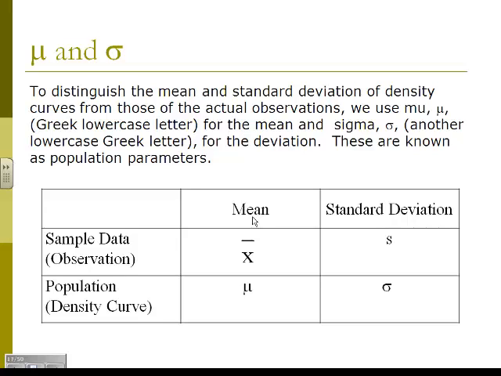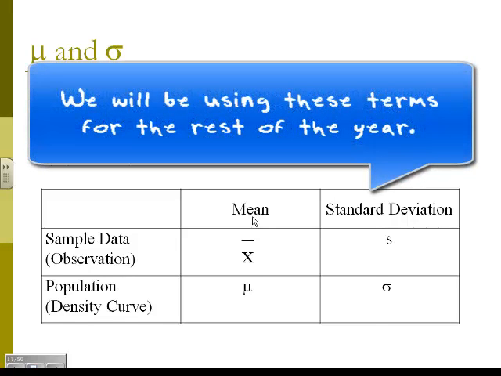So we use mu and sigma when we're talking about populations and density curves. Mu is the mean and sigma is the standard deviation. When we're talking about sample data, concrete data that we've actually gathered and are manipulating in our calculators, we use x bar to represent the mean, and s, or s of x, to represent the standard deviation.